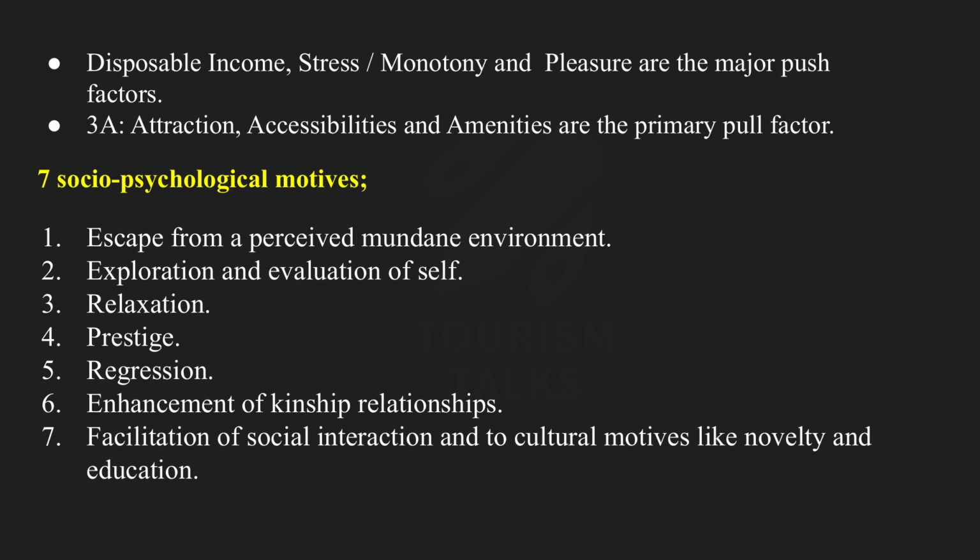Disposable income, stress, or monotony and pleasure are the major push factors. Attraction, accessibilities, and amenities are the primary pull factors. According to this theory, there are 7 socio-psychological motives. 1. Escape from a perceived mundane environment. 2.